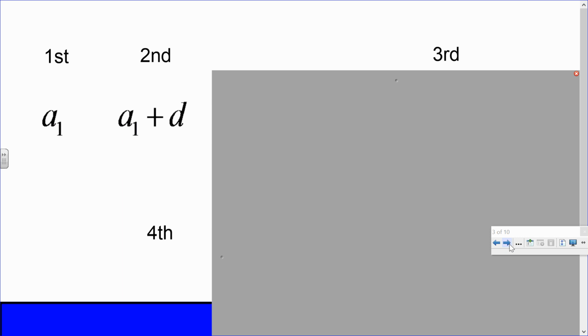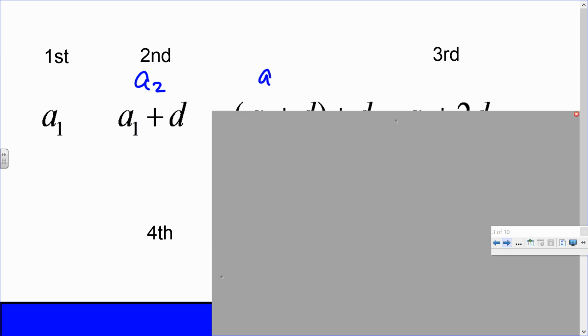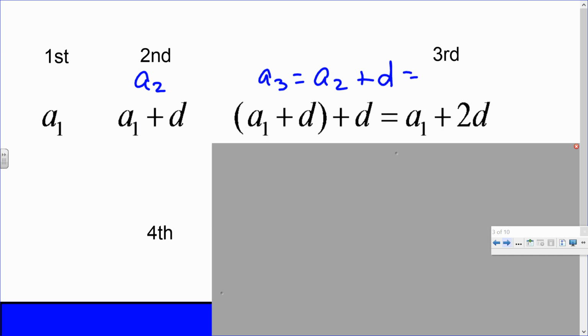So our first term we know is going to be A1. Our second term is going to be that first term plus D. That's just what we've said for our definition, right? Then to get our third term, we're going to take this second term and add D again. So my third term is going to be my second term plus D. But my second term was A1 plus D, plus another D. Now I have A1 plus 2D for my third term.